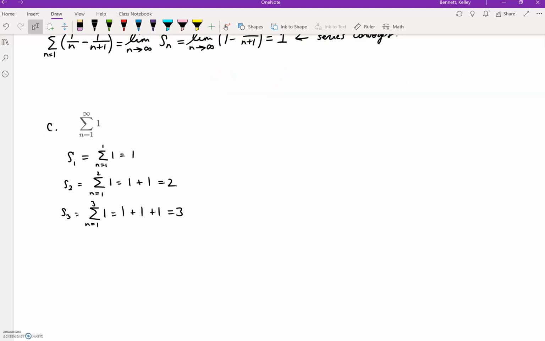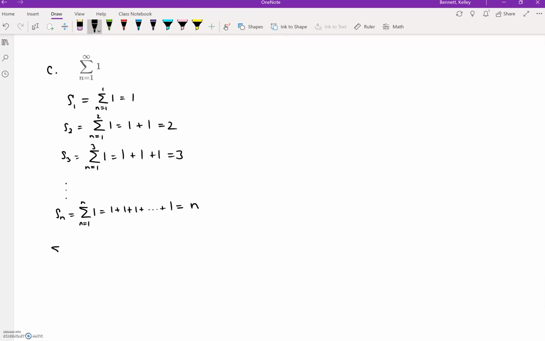So this isn't terribly imaginative, but what you can see is happening is that S sub n, which is the partial sum from n equaling 1 to n of 1, equals 1 plus 1 plus 1 plus and so on plus 1. We do that n times, and we just get n.